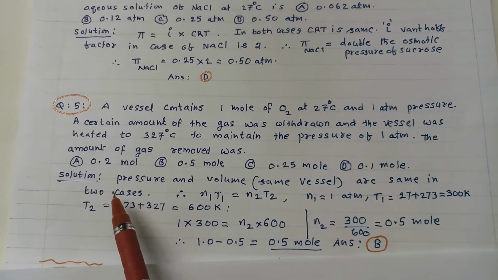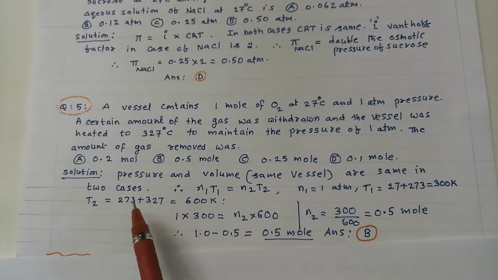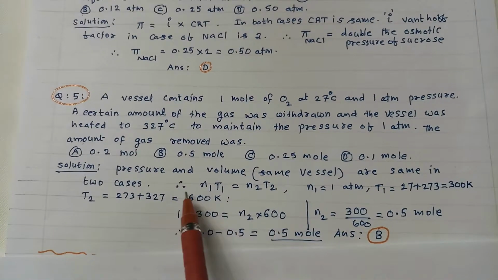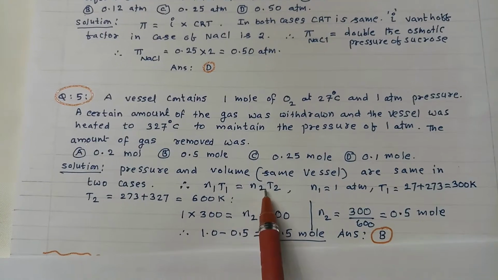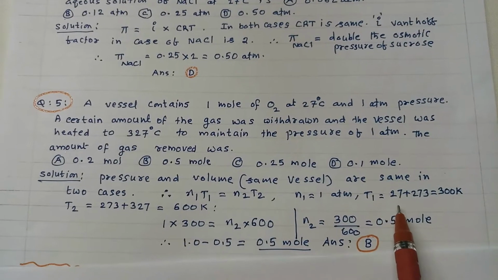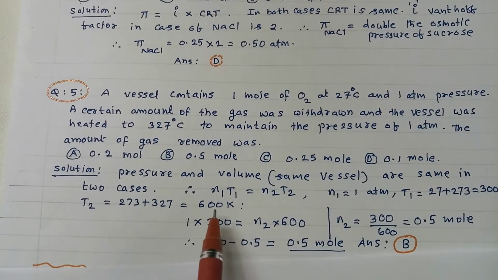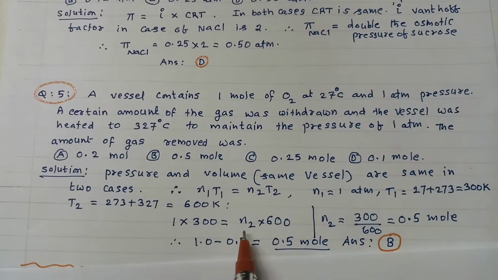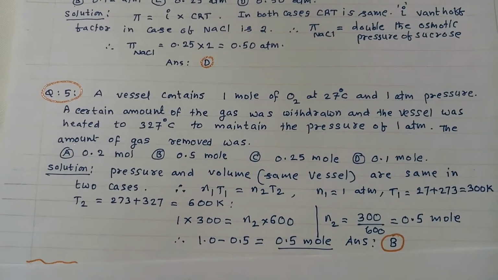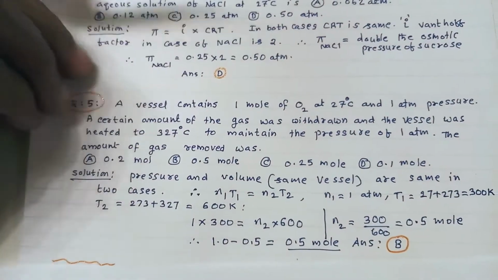Here the pressure and volume are the same in the two cases, so we can use n1 T1 is equal to n2 T2. n1 is 1 mole and T1 is 27 plus 273, 300 Kelvin. T2 is 600 Kelvin. So 1 into 300 is equal to n2 into 600. If you solve it, we will get half mole as the answer. Answer is B. So we'll go to the next question.